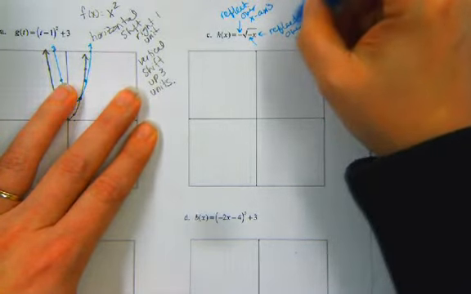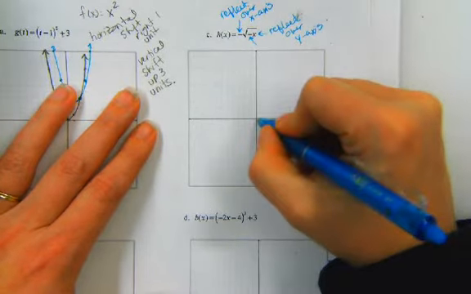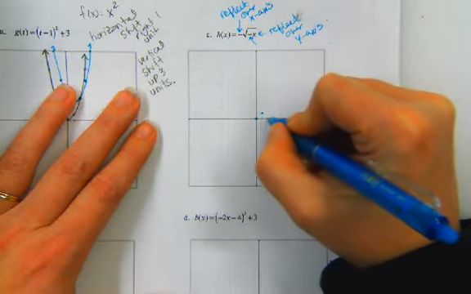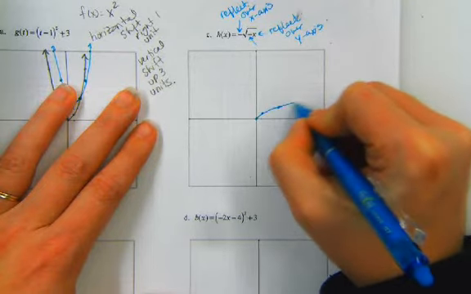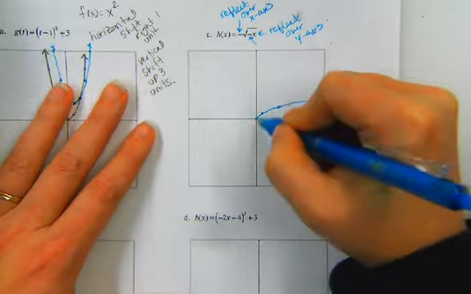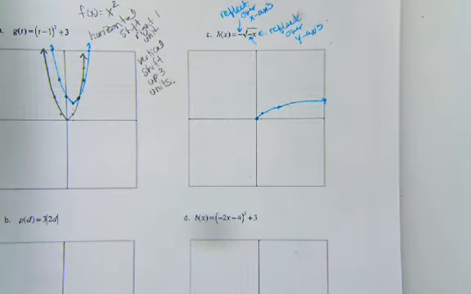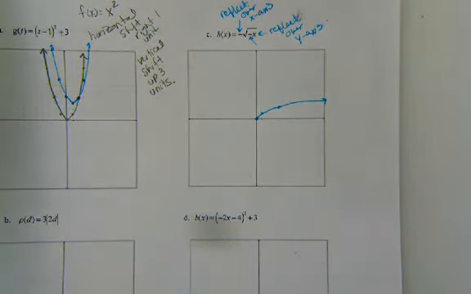So take my original function, 0, 0, 1, 1, 4, 2. I'm going to go ahead and graph this. And each and every ordered pair is going to be reflected over the x-axis and then reflected over the y-axis.